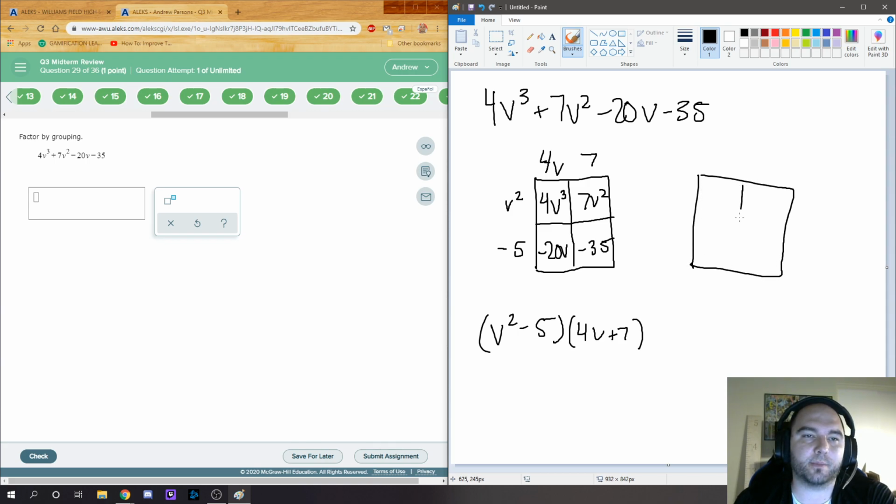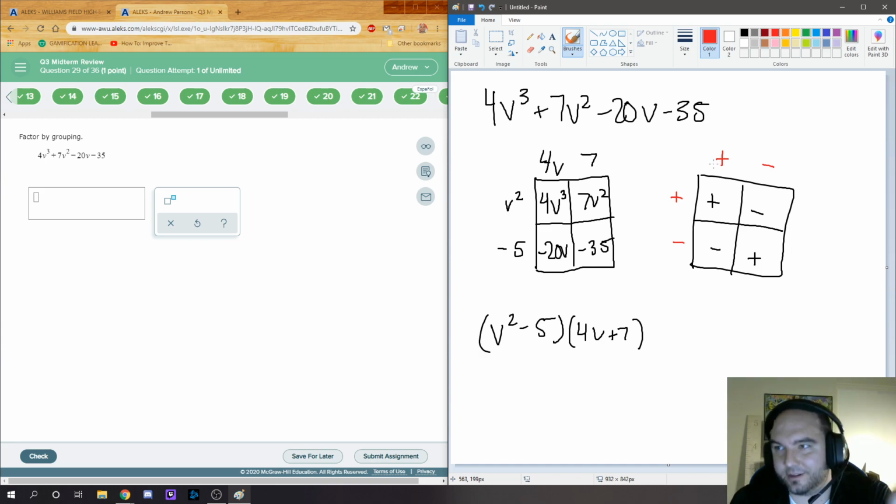Let's say this first number is positive, and this number is negative, and this number is negative, and the last number is positive. The only way that is a possible answer is if you have positives here and negatives here. Like 3x minus 7 and v squared minus 2 or something like that. So just be on the lookout for that.